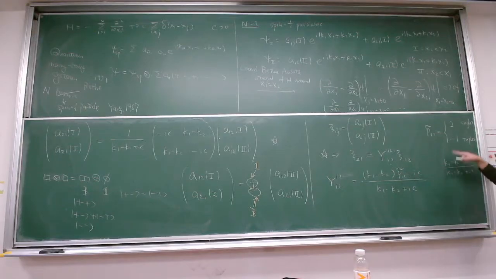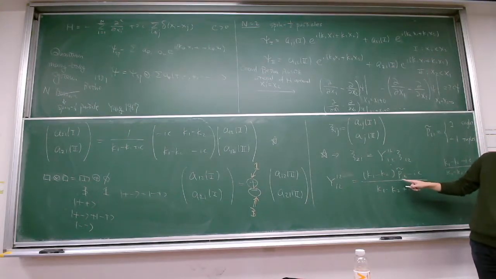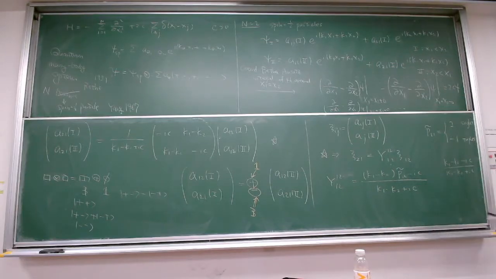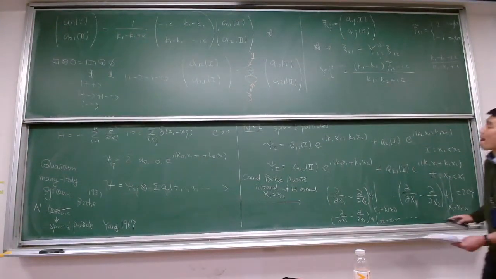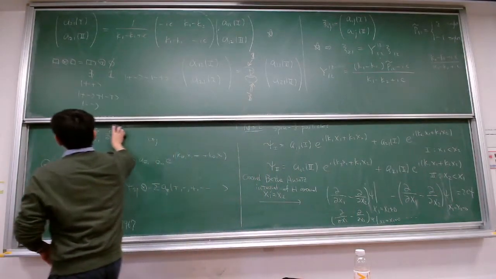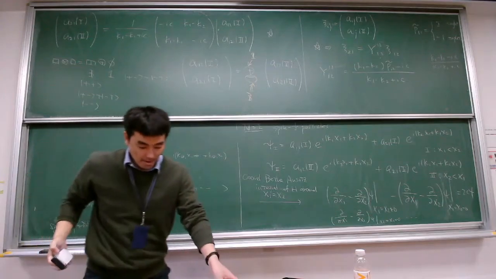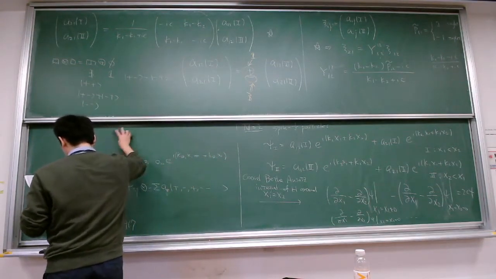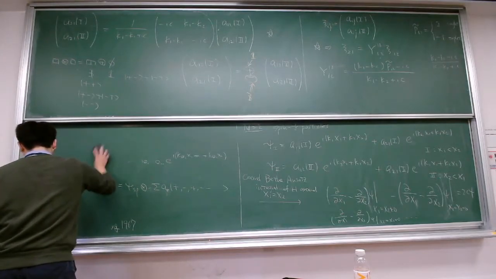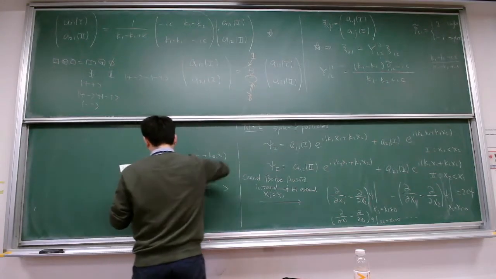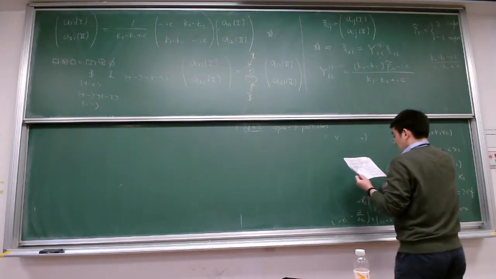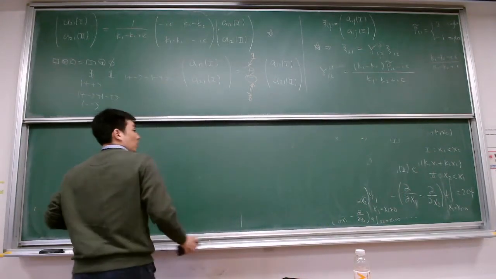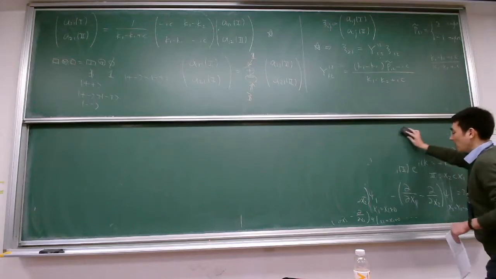Therefore, depending on the region and the internal state, the Bethe ansatz equation will be modified. From here it's hard to see, but I will explain why this is the case.